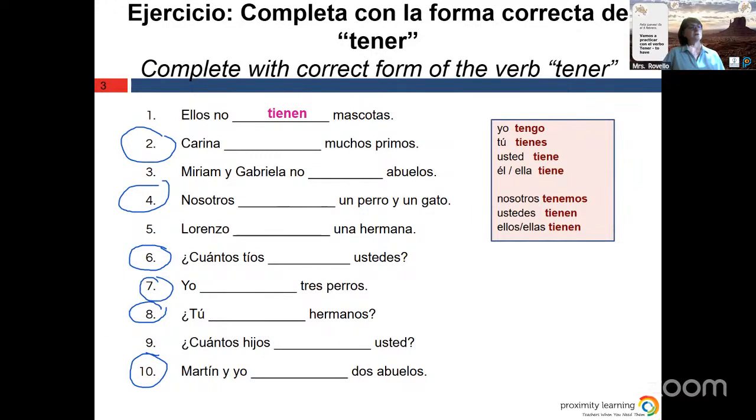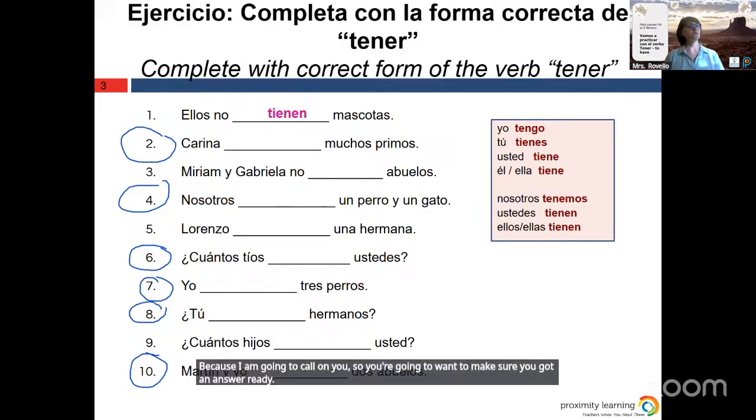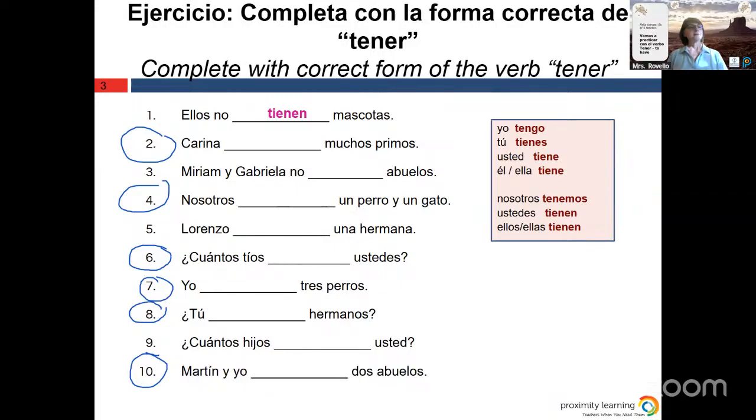Very good, Haley. I want to see answers in the chat, you guys, because I am going to call on you. So you're going to want to make sure you have an answer ready. Okay, number 10. Be careful with number 10, everybody.